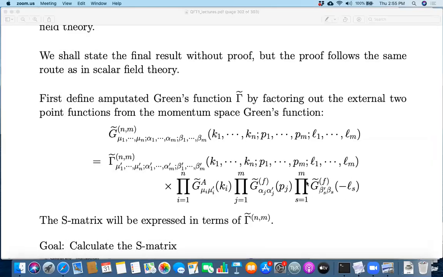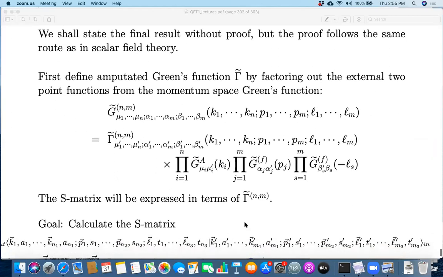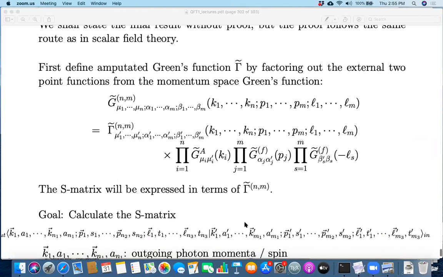That's the reason for this minus L and why the indices are reversed, beta prime beta. But you have to just draw this diagram once and convince yourself. The reason I have introduced gamma tilde is because the S matrix will be expressed in terms of gamma tilde. Is that definition clear?